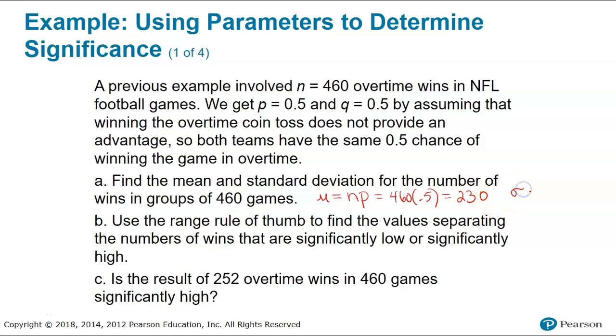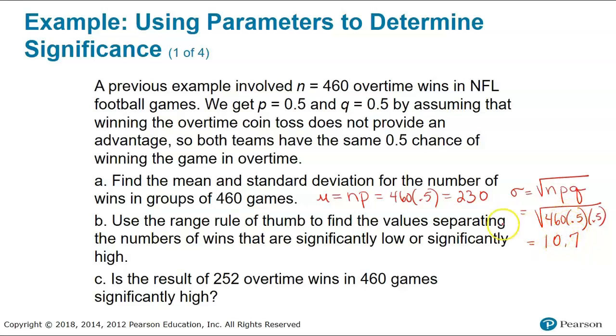For our standard deviation, the standard deviation is the square root of N times P times Q. So that's the square root of 460 times 0.5 times 0.5, and that value is going to be 10.7, rounded to 1 decimal place.